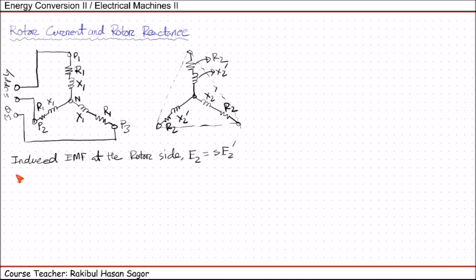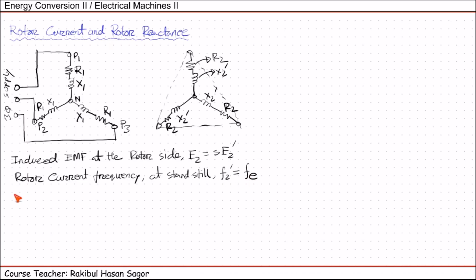If we consider the rotor current frequency at standstill is F2 prime. From our previous lecture, we know this F2 prime is equal to the supply frequency at standstill.